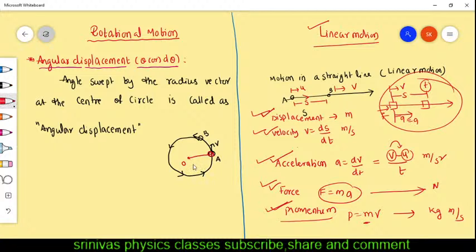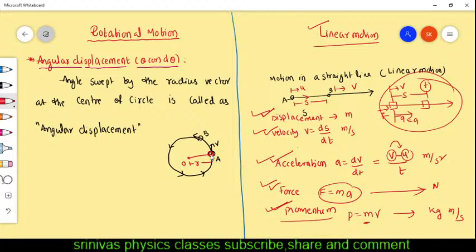At that moment, what is the radius vector? You join the object and the center. See the cursor, the red line is joining the object. This object moves along the circle, and the line joining the object and center is said to be the radius vector.